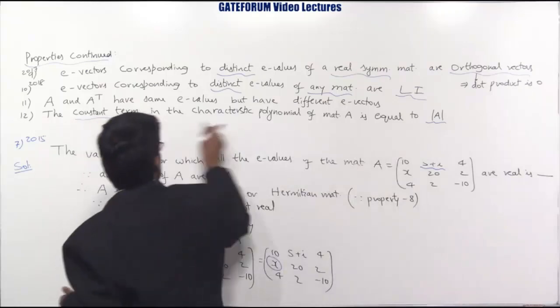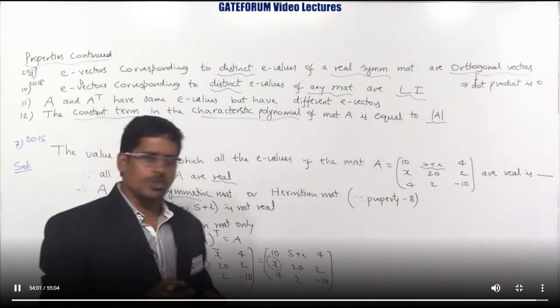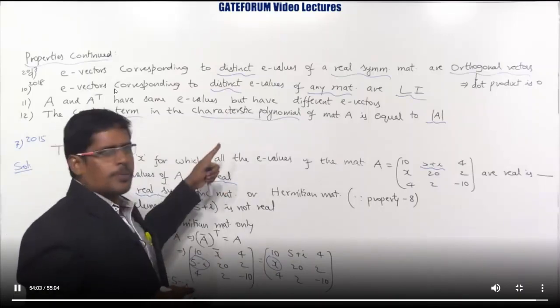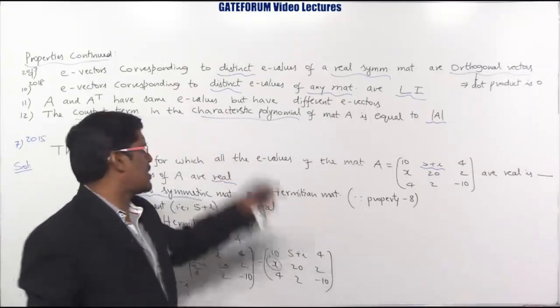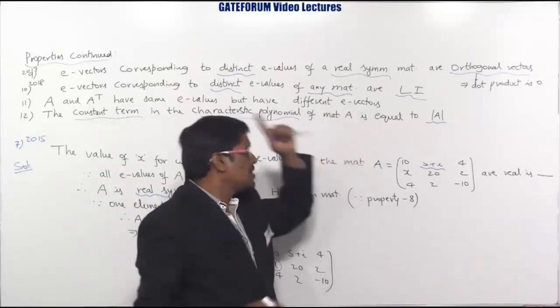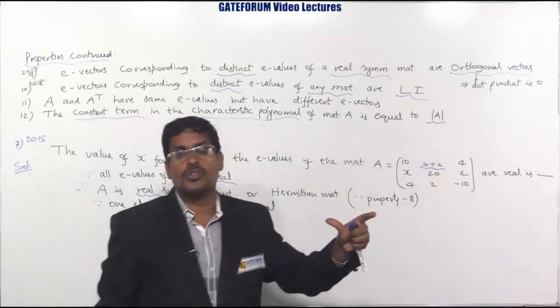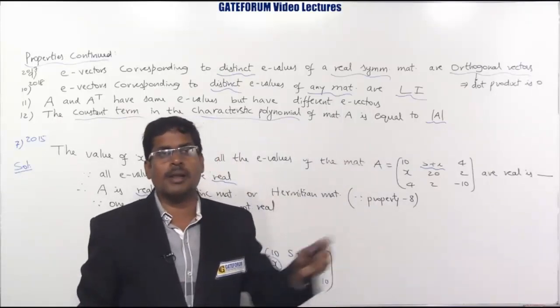This also you can check. Characteristic polynomial, I told you: remove equal to 0, det of A minus lambda I. Take a 2 by 2 matrix. Find determinant of A minus lambda I, which gives the characteristic polynomial. In that, the constant term is equal to the determinant of that matrix. All these properties save time, without solving for lambda values, finding the lambda equation, etc.